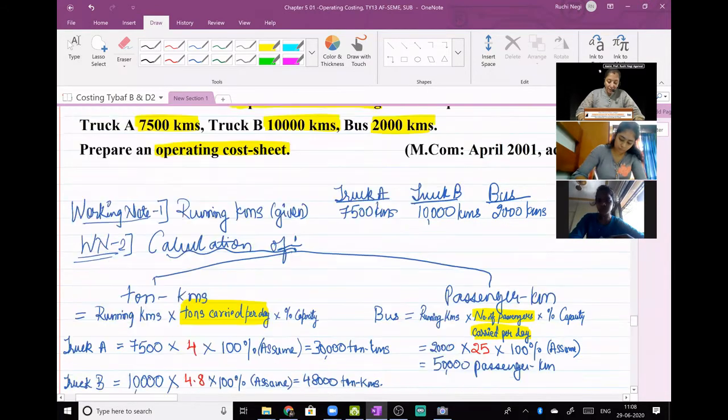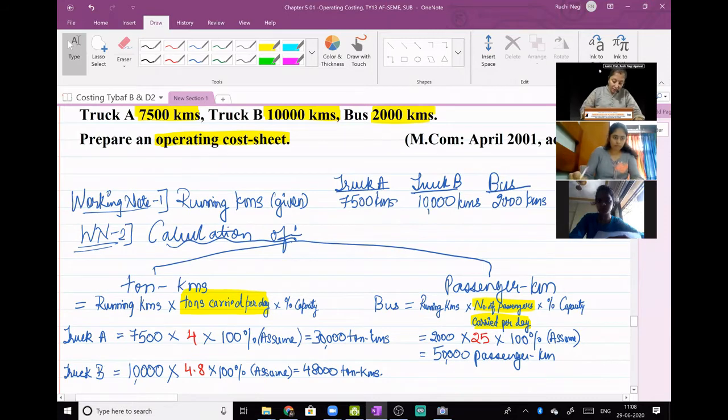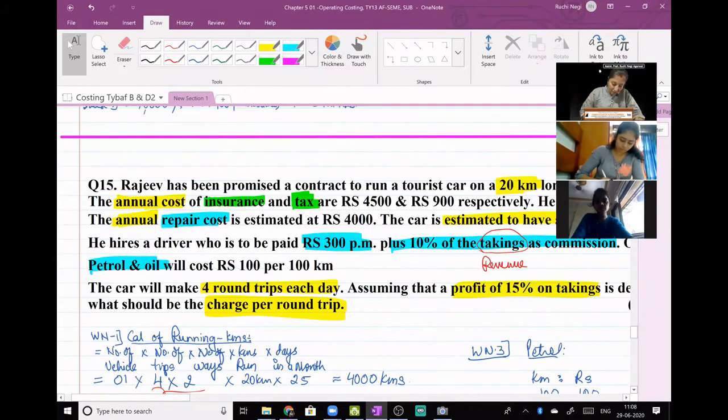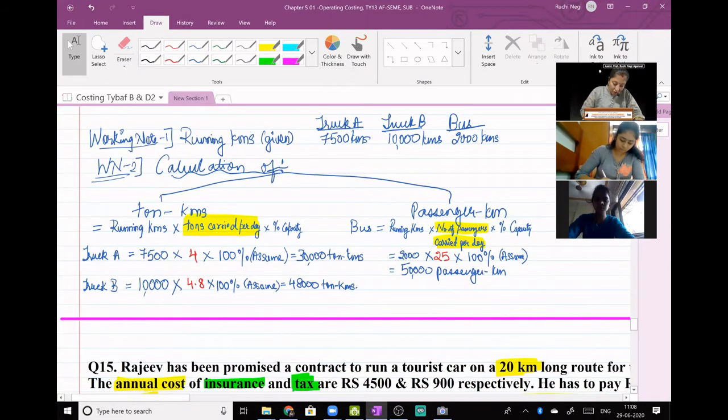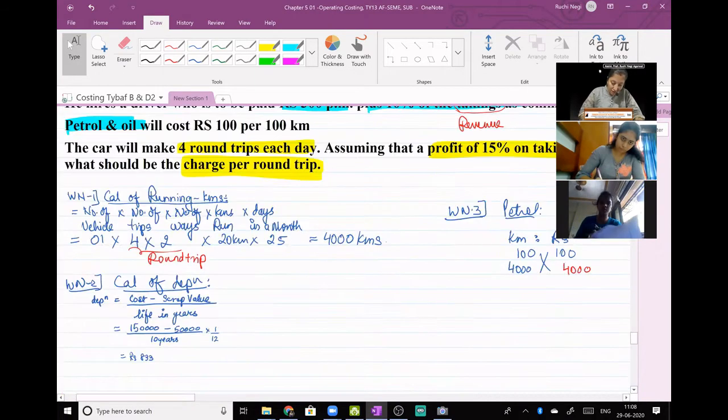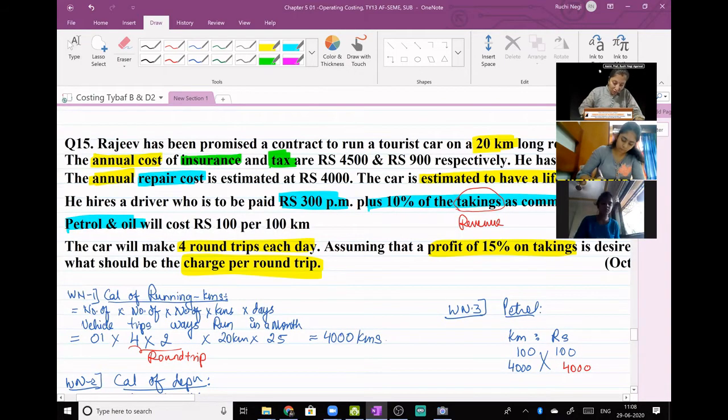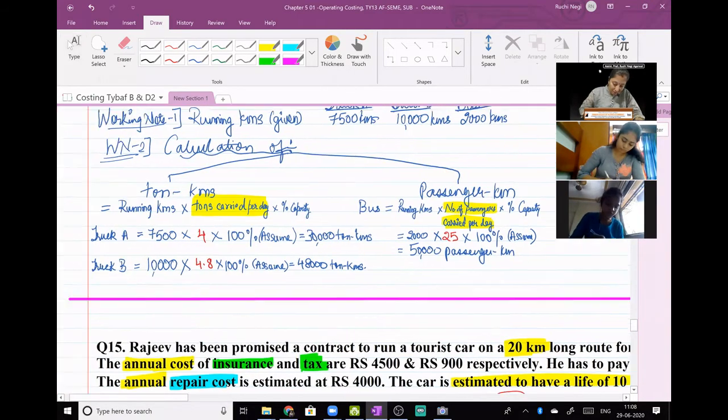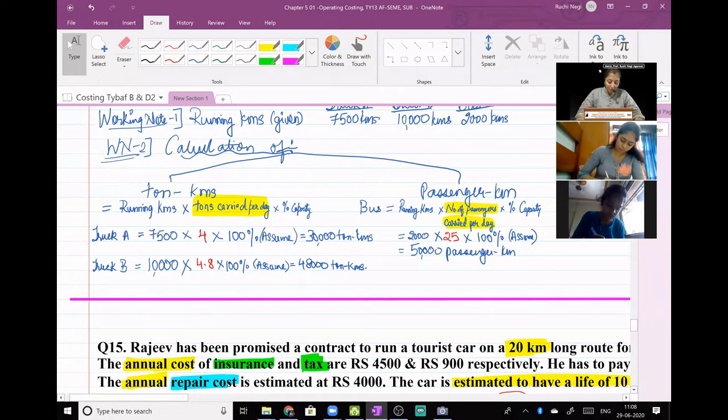Fine. Next, working note number 2, calculation of ton kilometers and passenger kilometers. Write down. Calculation of ton kilometers and passenger kilometers. Okay. Ton kilometers, write down the formula.